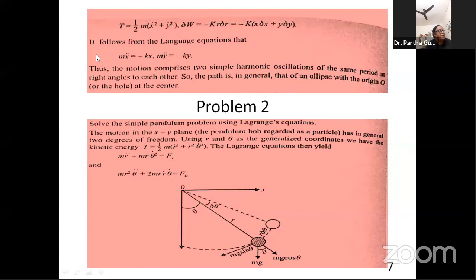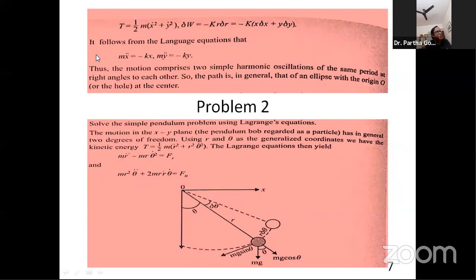Okay, so if the amplitudes are the same, the path will be a circle combining the two SHMs, and if the amplitudes are different, it would in general be an ellipse. So the path of the mass in general will be an ellipse. This is how it is proved. I think it is clear now to everybody.